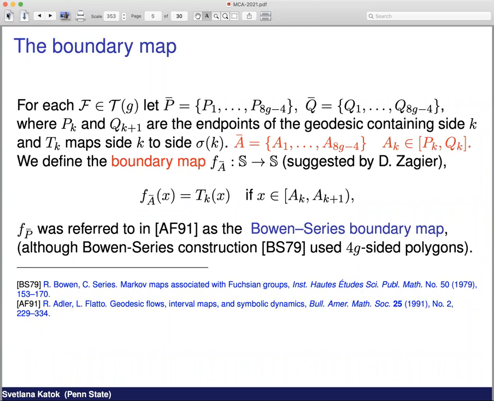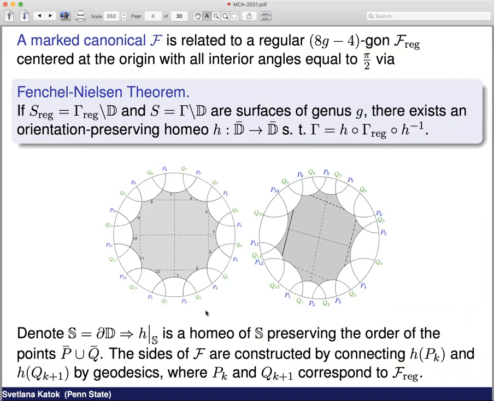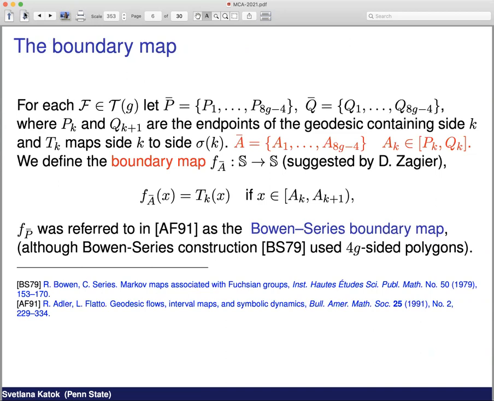So if I go back to this picture, this is P1 and Q1. This is P2 and Q2. So A1 must be somewhere here, and A2 must be here. So you have flexibility. You can move from P to Q.